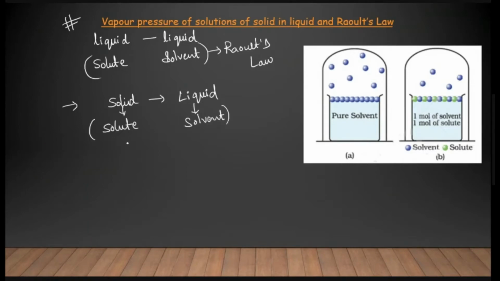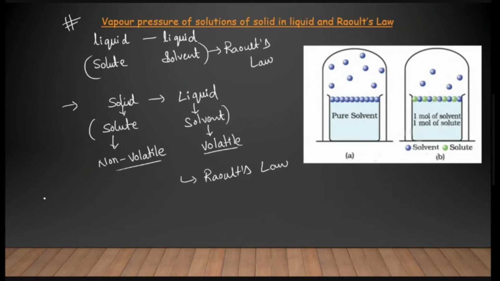What is special here? The solute which you have taken is a non-volatile solute, and your solvent is acting as a volatile solvent. Based on the interaction between the non-volatile solute and the volatile solvent, we are going to study the second case of Raoult's law.